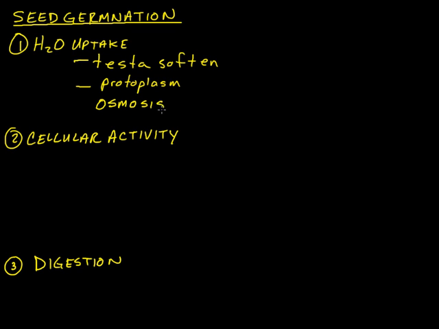Water, as you recall, moves from areas of high concentration to areas of low concentration. And so water moves from the relative high concentration in the soil to the relatively low concentration region of the interior of a seed. And this will occur whether or not the seed in question is actually even alive or not. Even dead seeds will uptake water via this osmosis process.